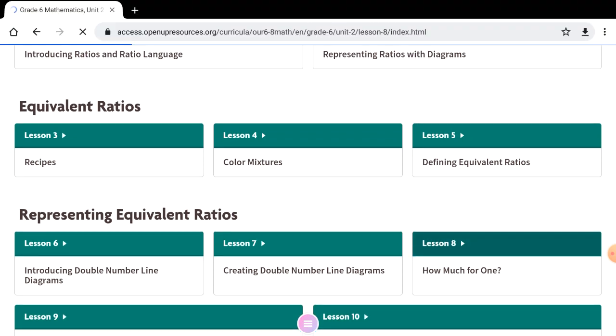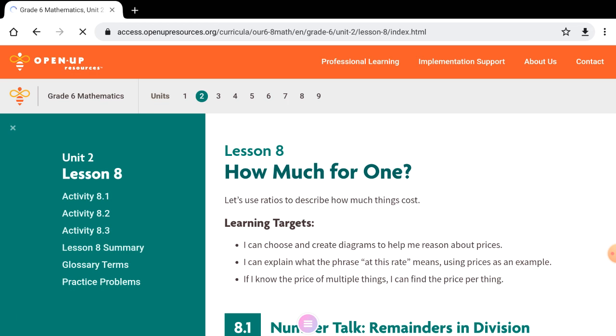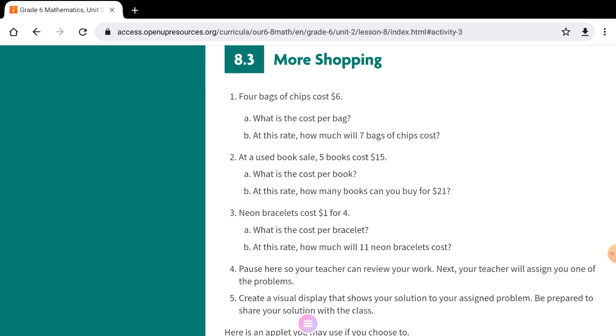Go get it real fast. Okay, this whole lesson is called How Much for 1. So do you think we're talking about unit rates or unit price? How much is price? So this is all about unit price. Go to page 62. It has avocados. Does it?